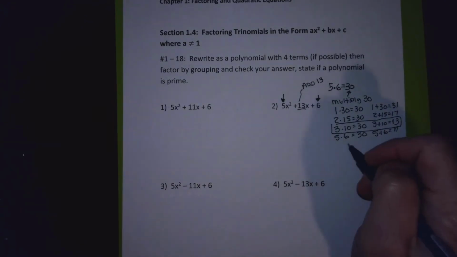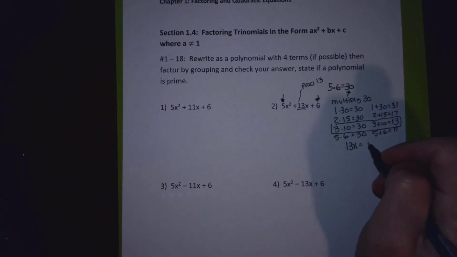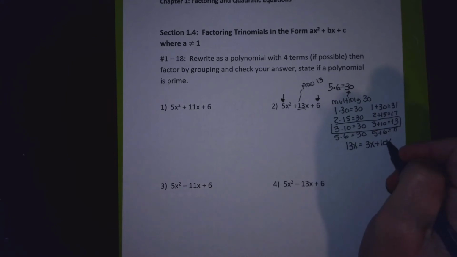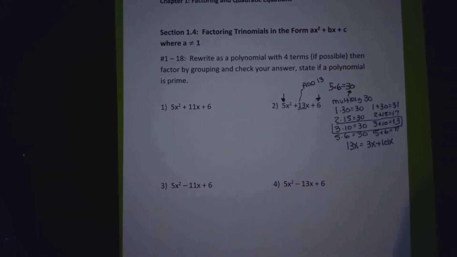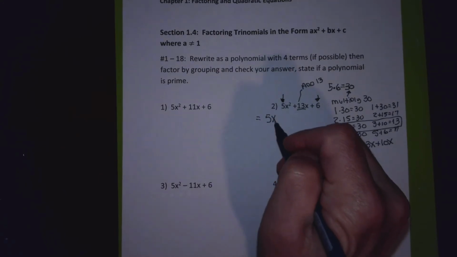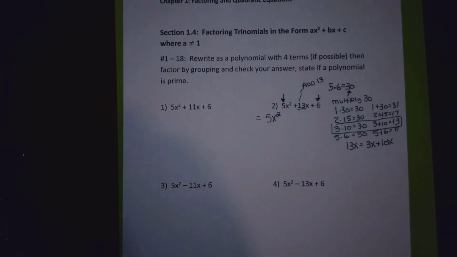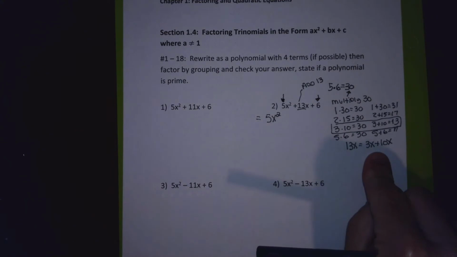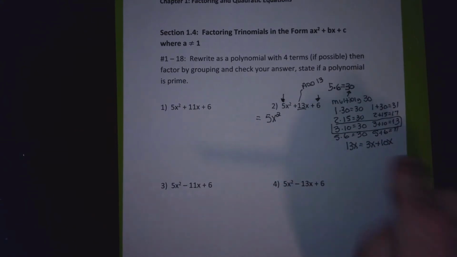13. So what I'm going to do with the problem is the 13x that's in my problem, I'm going to break it up into 3x plus 10x, because 3x plus 10x is 13x. This will allow me to take the problem that starts with 3 terms and change it to 4 terms. And when I do this breaking up into 3x plus 10x, it doesn't really matter in which order I put the 3.